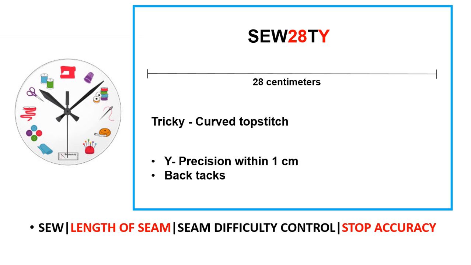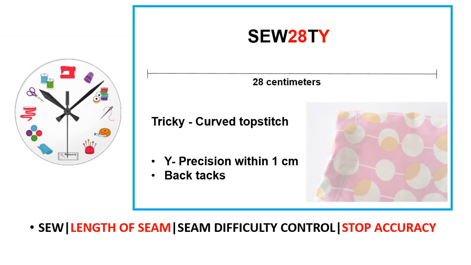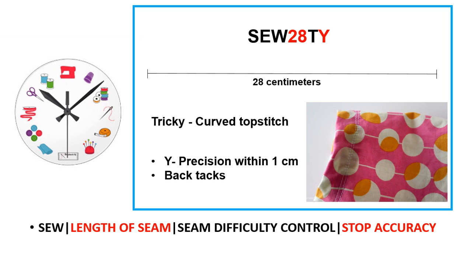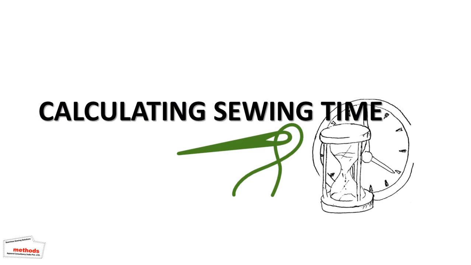Next thing we need to know is how to calculate the sewing time in TMUs after having determined the sewing code. Let us say we have a sewing code SEW 10 MX. We know that for stop accuracy of X level, we have 0 TMUs.